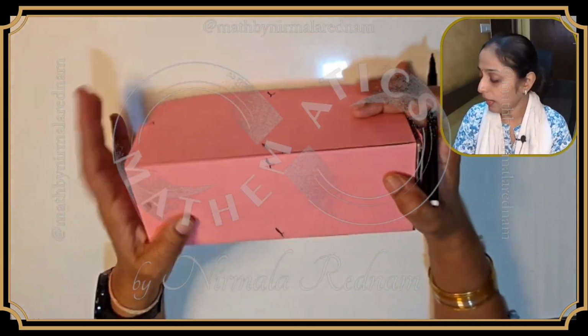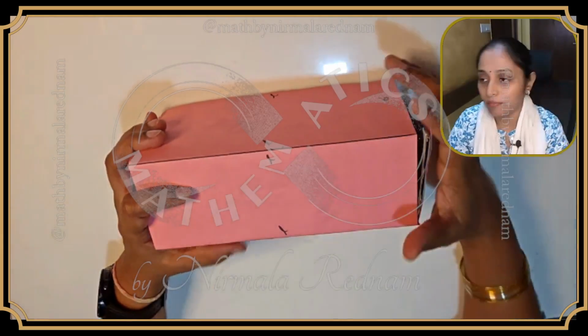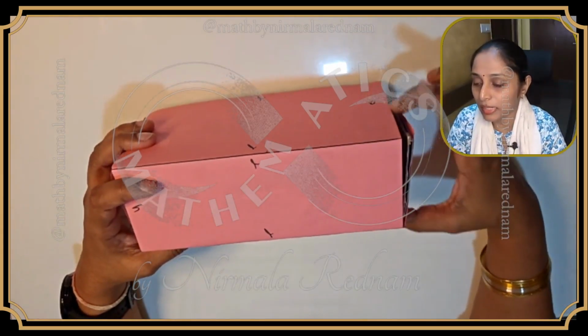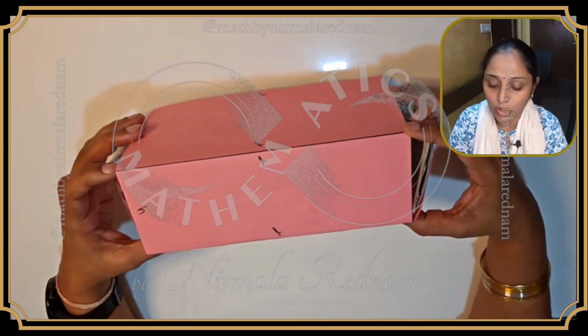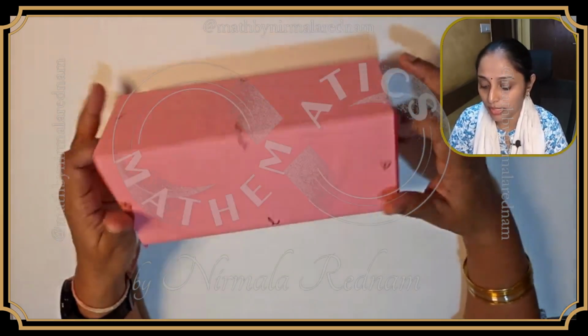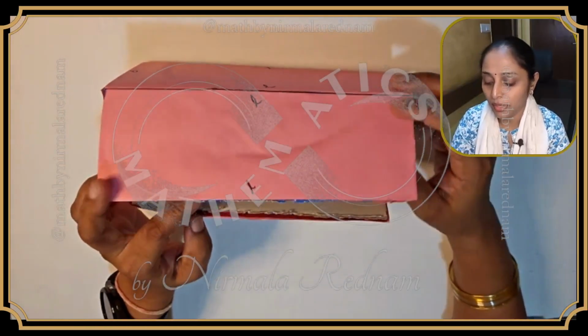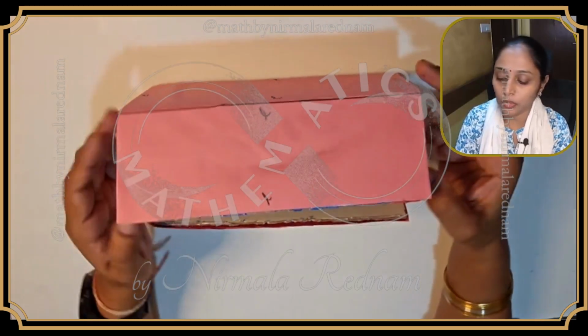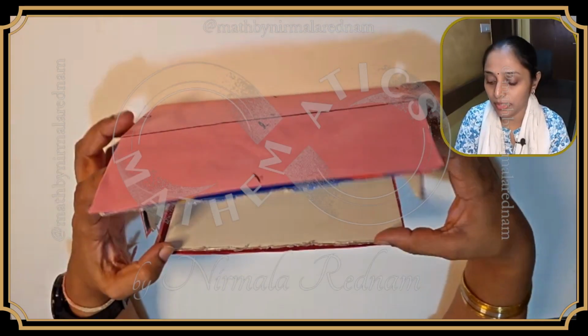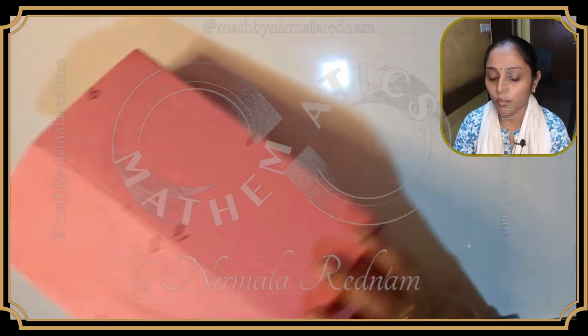So now in order to get the net, like we discussed earlier, we will be cutting along certain edges. So I've cut it along this edge, and I've cut it along this length, and this particular edge. And then I'm going to open it up.